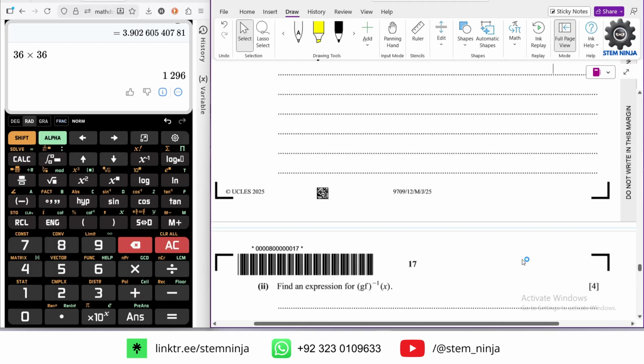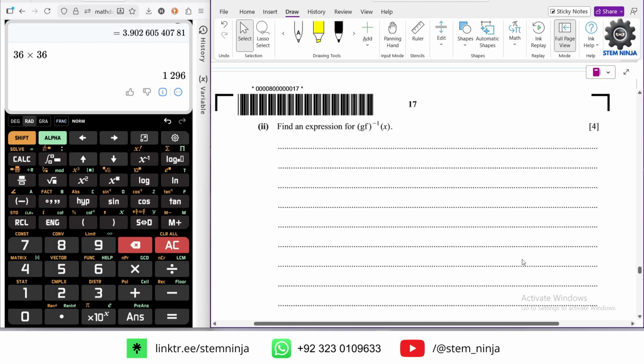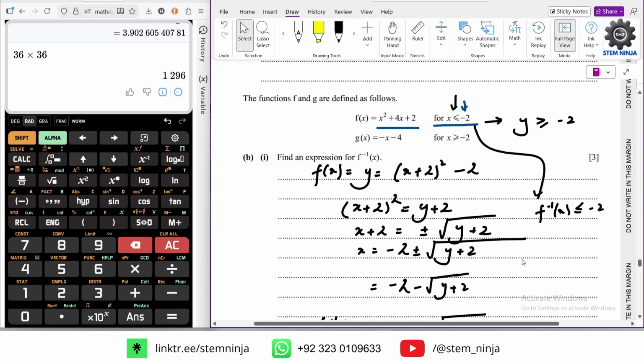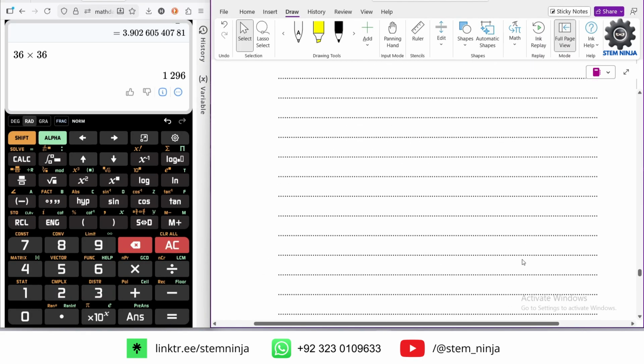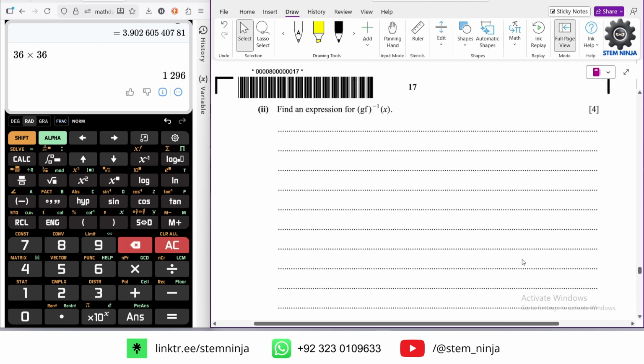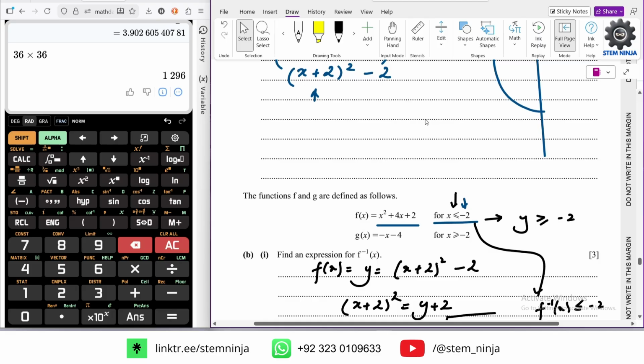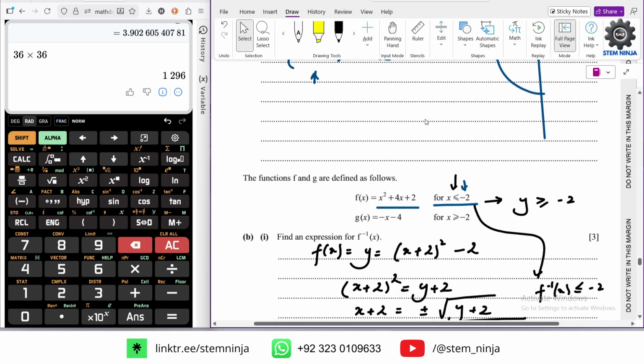Okay, find an expression for g f inverse of x. So first we can find out gf and then we can take the inverse, or you can do f inverse of g inverse of x. Let's see which one of them is slightly easier. Okay, never mind.